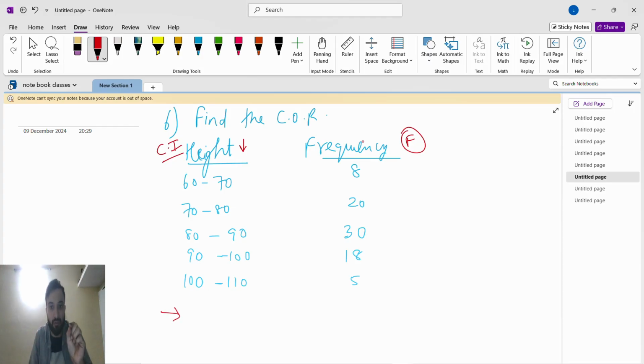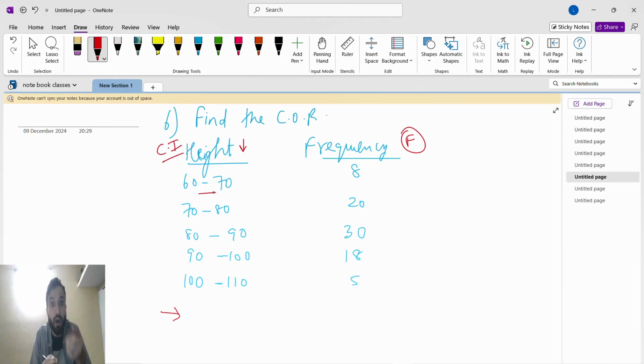So we will not observe the frequency, we will observe the class interval.